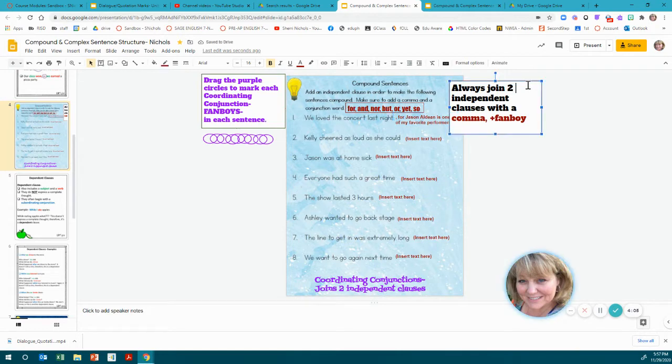So I'm going to move this over just a little bit so I can see my sentence. We loved the concert last night, comma, for Jason Aldean is one of my favorite performers. So independent, and I joined it with a fanboy, for. So I'm going to circle it. So that's what you're going to do for all of these sentences.